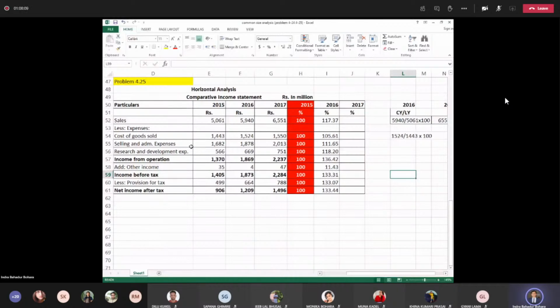Now next is selling and distribution expenses. 1878 divided by 1682, and it is 111.65 percentage.